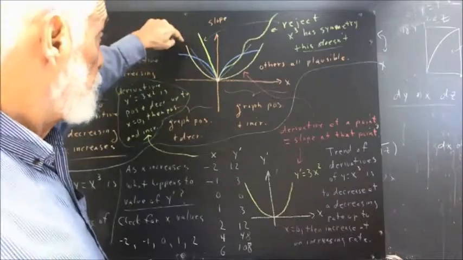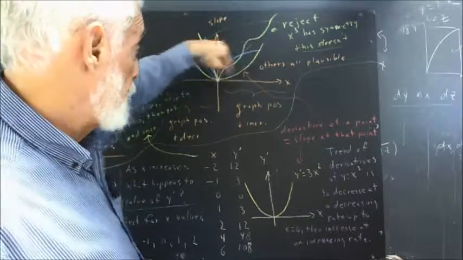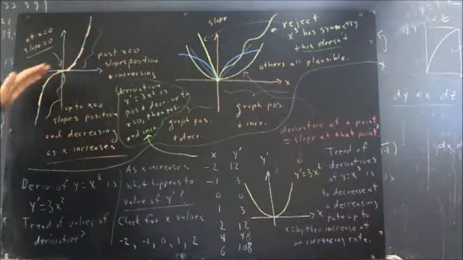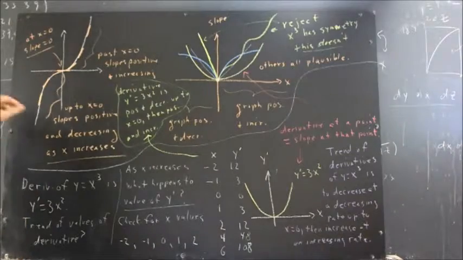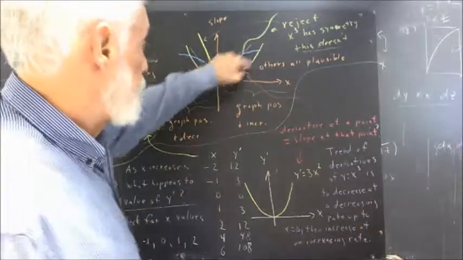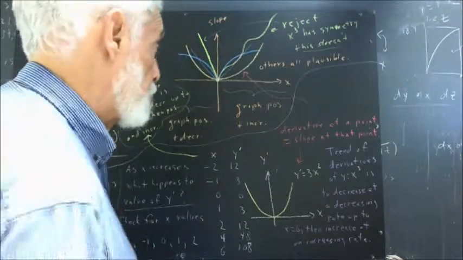So the derivative function is going to be this yellow function here. And that is the slope function that you would get if you constructed a really good y equals x cubed graph, measured the slopes at a series of points, carefully plotted slope versus x, and then connected it with a smooth curve.